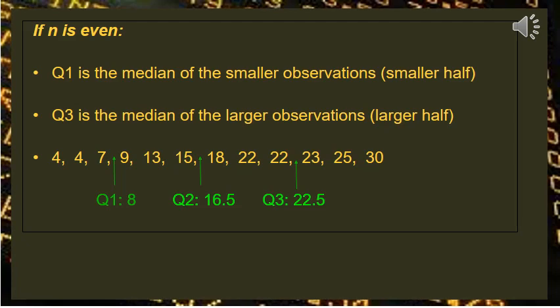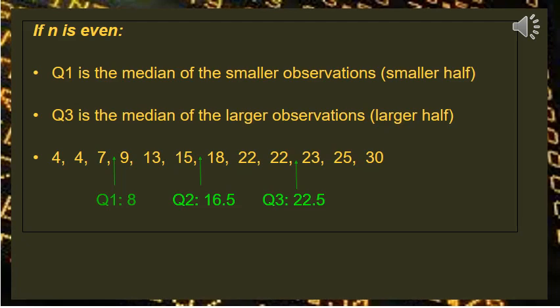So here, remember, my Q2, my median, was 16.5, right in the middle between 18 and 15. When I do not use an actual number of my distribution for my median, I use all the numbers, including the two central ones, to calculate my quartiles Q1 and Q3.